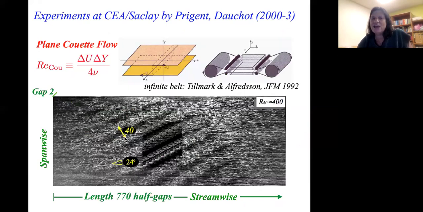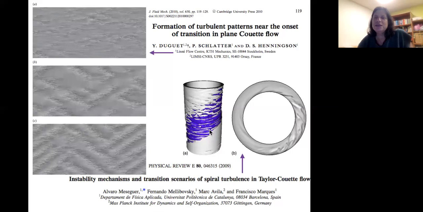And you see here this characteristic wavelength of 40 half gaps and the angle of 24 degrees. So these are some other simulations of Taylor-Couette flow and of plane Couette flow: Duguet, Schlatter, and Henningson, and here Meseguer, Mellibovsky, Avila, Marques.